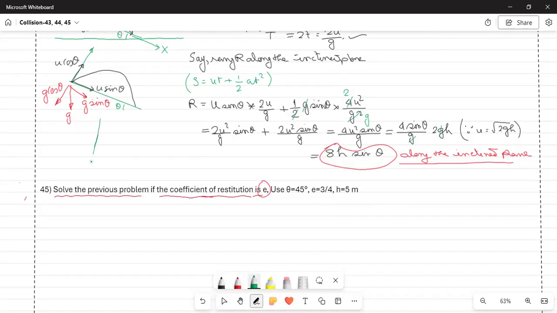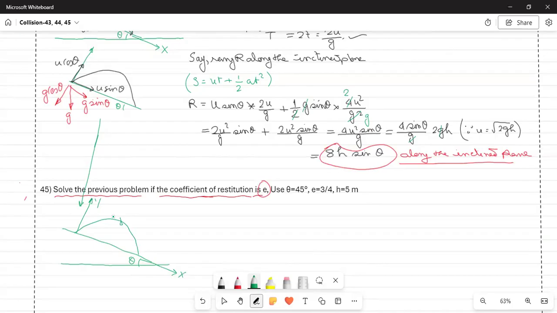let's draw this diagram here once again. The only change in this diagram is the inclination theta, and this is the new y-axis, this is the new x-axis, and this is the projectile.